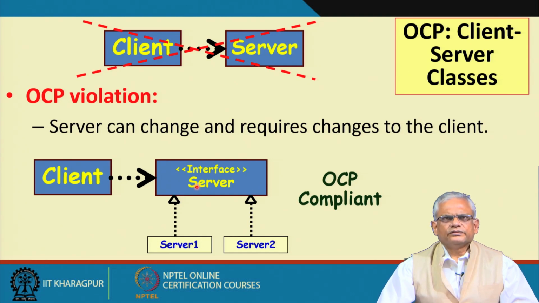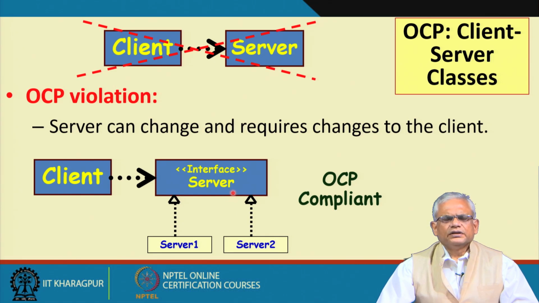and this is the basic principle of OCP: instead of a client class directly calling a server class, we have the client calling an interface. This is programming to an interface, and then there can be several server classes implementing the interface.